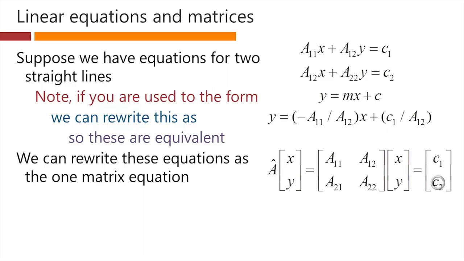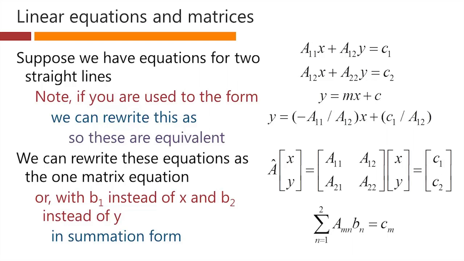So this matrix form here is entirely equivalent to these two equations. Or we could also write this in the summation form of matrix vector multiplication. If we write b1 instead of x and b2 instead of y, then we can write these two linear equations in this form, the summation form.